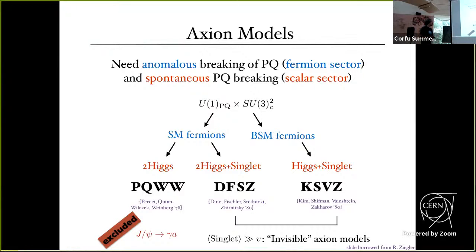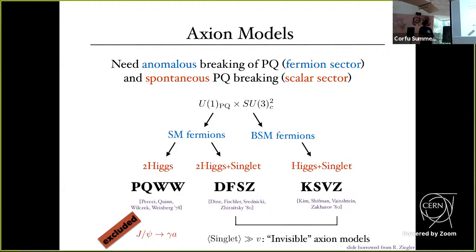So then people focused on so-called invisible axion models, where there's an additional singlet on top of the Higgs sector, and that singlet has an f much above the electroweak scale, which allows to decouple axion physics to some extent.